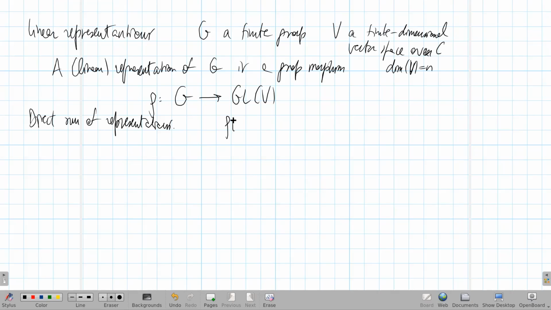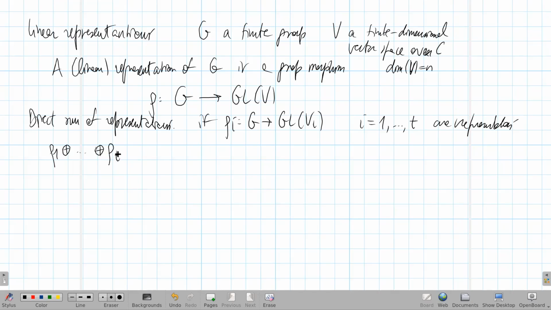So if rho i from G to GL(V_i), so the group G is the same, but the V_i are different, for i from 1 to, let's say, t, are representations, then the direct sum of these representations is a representation of G denoted rho 1 direct sum through rho t.